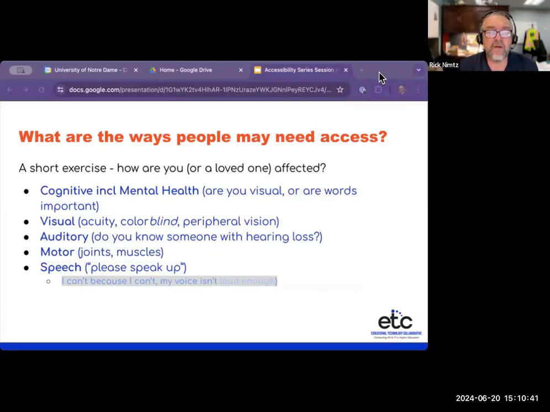Some of the ones we think of, the visual and the auditory and the motor, those are pretty easy. But the whole cognitive and the mental health, maybe somebody with an anxiety thing, or they just don't feel like they can participate. And the speech, I intentionally put that last part in type that's very hard to read because I wanted to simulate what it's like for somebody who just cannot speak up. We have a math professor here at Notre Dame who talks in a very low voice right next to the chalkboard and wonders why her class can't hear her.